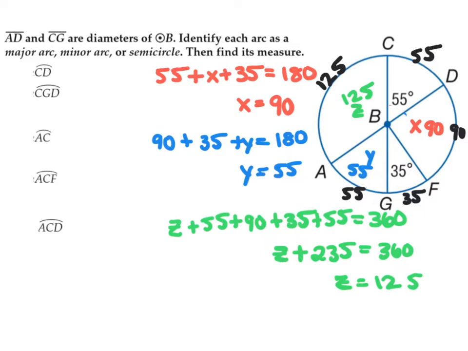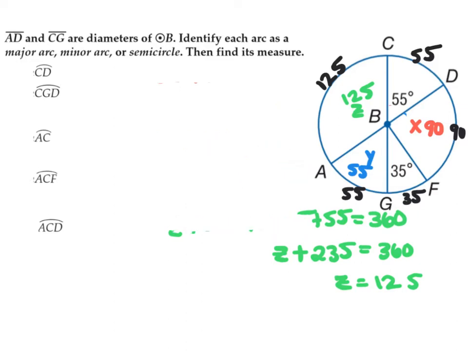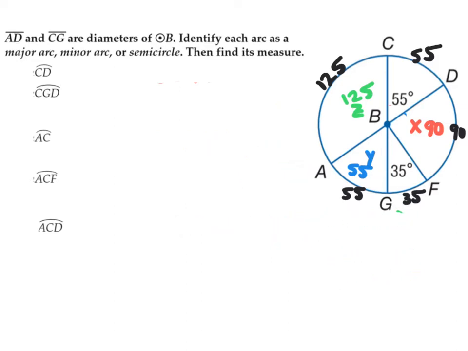We first have that it's asking for the measure of arc CD. And if I look at what's given to me, arc CD is referring to just this piece right here. So arc CD will be equal to 55 degrees.